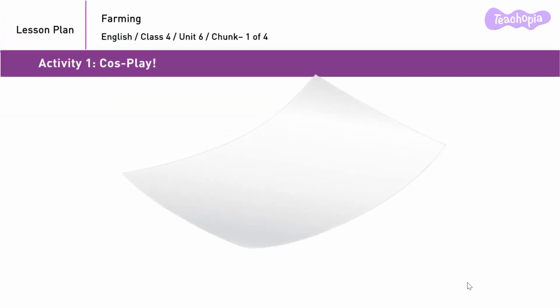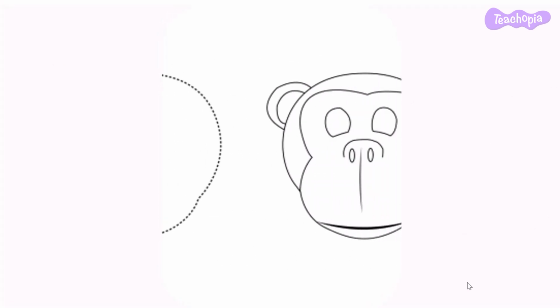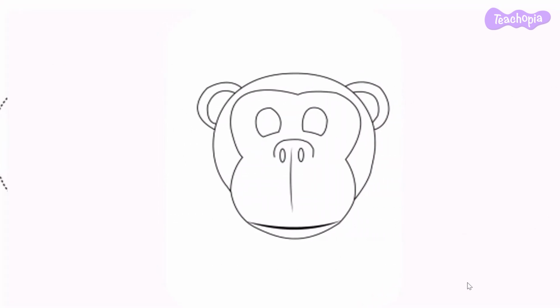You may tell the learners, let us make animal masks today. Take a sheet of chart paper. Draw the outline of a face and cut it out. Then fill in the features of any animal the learner chooses.